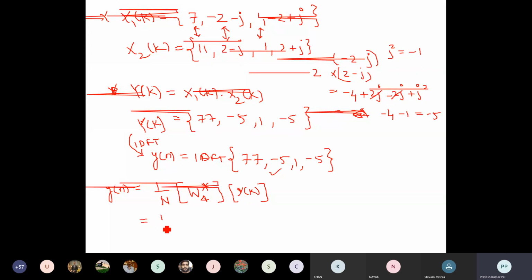Okay, so it will be 1 by 4, as there are 4 terms, and we will make the complex conjugate matrix of the first twiddle factor matrix.